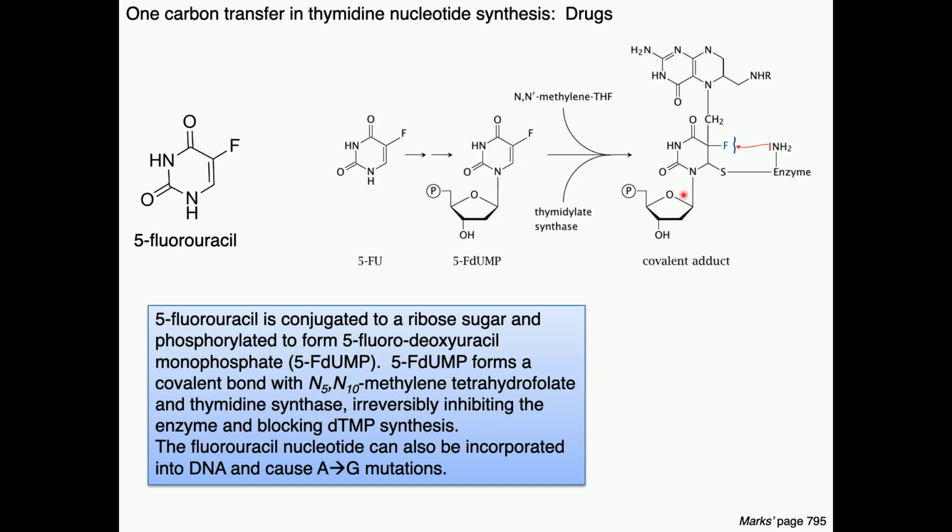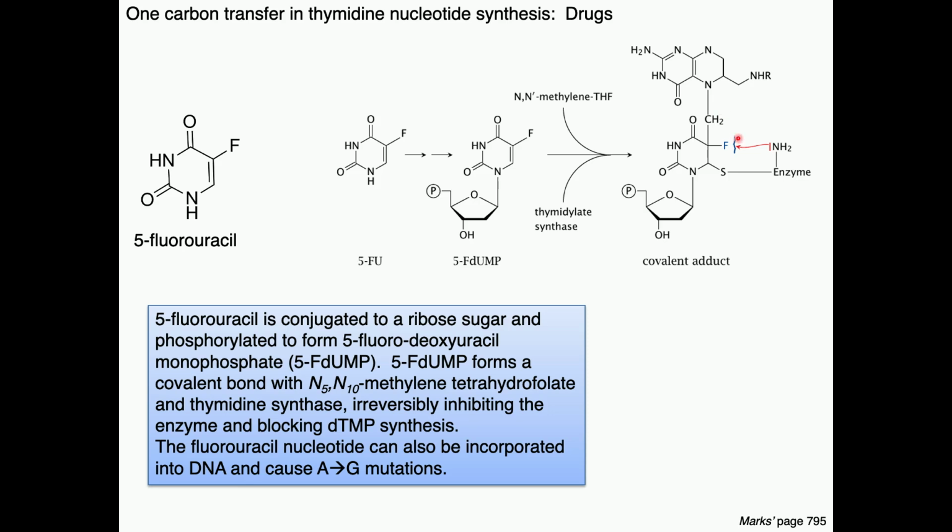Okay, so the nucleotide version, fluorodeoxyuridine, is acting as a suicide inhibitor of the thymidylate synthase enzyme. So it's making a covalent bond with the cysteine side chain in the thymidylate synthase active site. The drug is shown down here. This structure up here is the methylene tetrahydrofolate, and this is the carbon that thymidylate synthase is trying to abstract and make into a methyl carbon to convert the uracil into a thymidine.